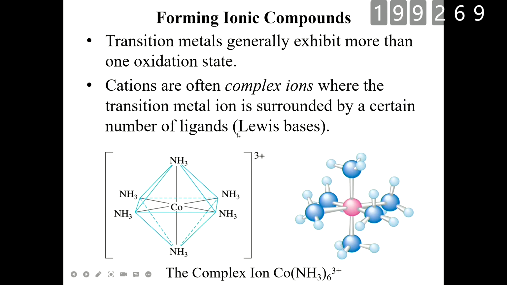So these ligands we also call Lewis bases. Why do we call them Lewis bases? Because they can provide electrons. We know the metal has some empty d orbitals, right? D or F orbitals, they have some empty. These empty orbitals can accept the electrons from the ligands.